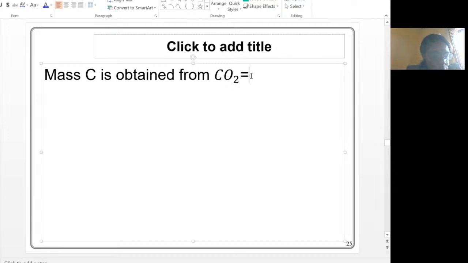So you get the total mass, which is 0.686. That is the total mass of carbon dioxide. It will be 0.686 grams times, now how many moles of carbon are in carbon dioxide? Of course, it's 1 mole. 1 mole of carbon present in 1 mole of carbon dioxide. And then what's the mass? Mass of carbon is actually 12 grams.